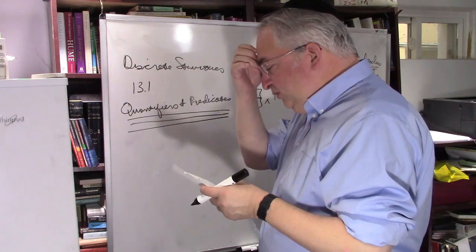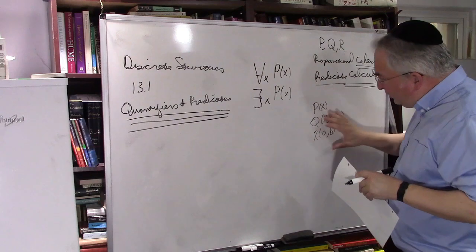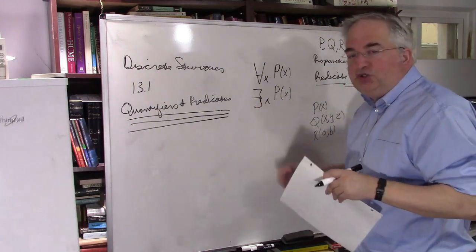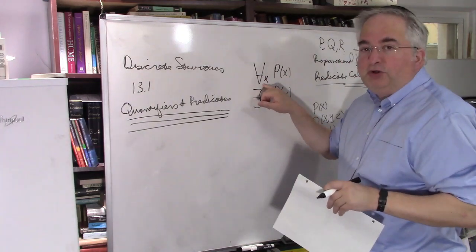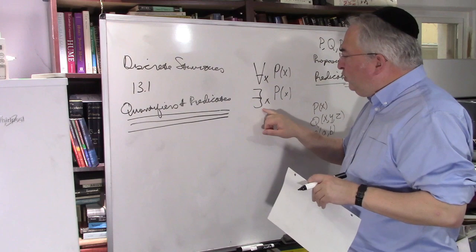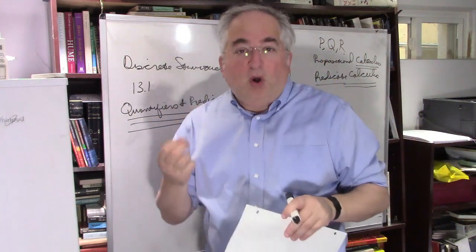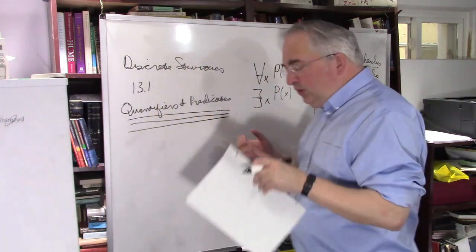When you have such things, you can say how many of those things this is true for. This is called a universal quantifier, and this is called an existential quantifier. The word quantifier comes from the word quantity, how much.